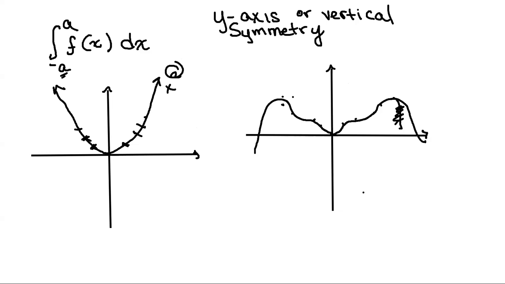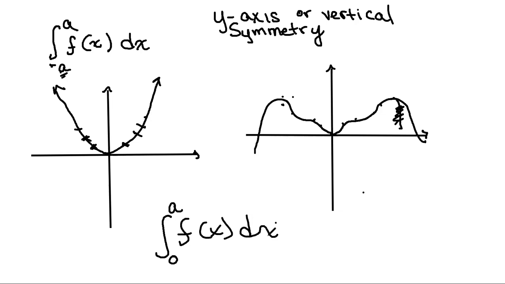If it's an even function, then after you evaluate, when the lower limit is a negative, the answer will be the integral from 0 to a of f of x dx times 2. And here's why.